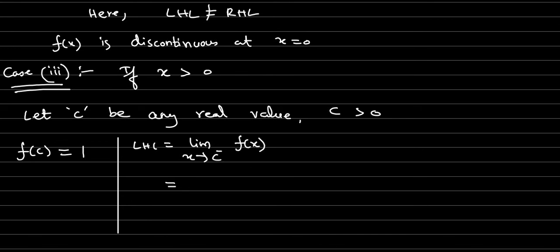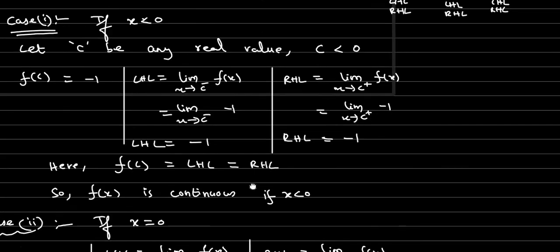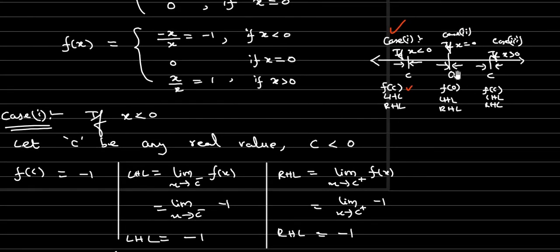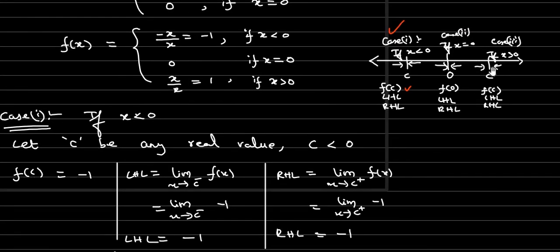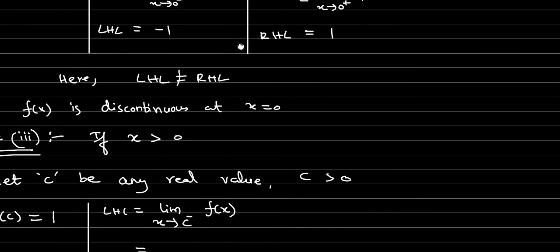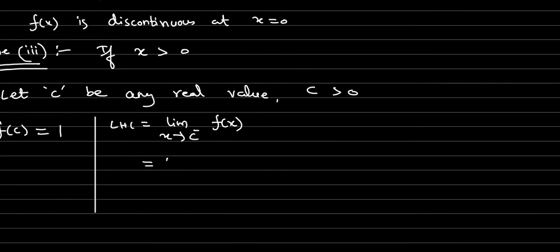From the left hand side of c, see where it lies: greater than 0. After 0 only, the real number we have taken. So here the close values of c on the left hand side are also greater than 0 only. If it is greater than 0, f of x has to be replaced with the third function, that is 1. So replacing f of x with 1, once we apply the limit, the result is also 1.